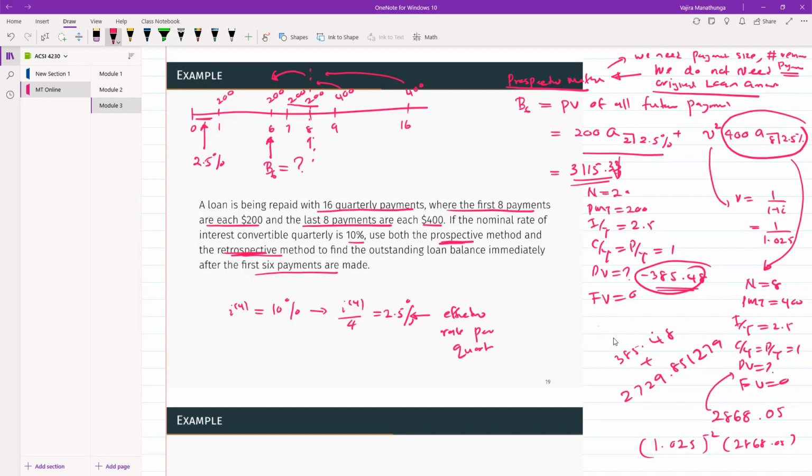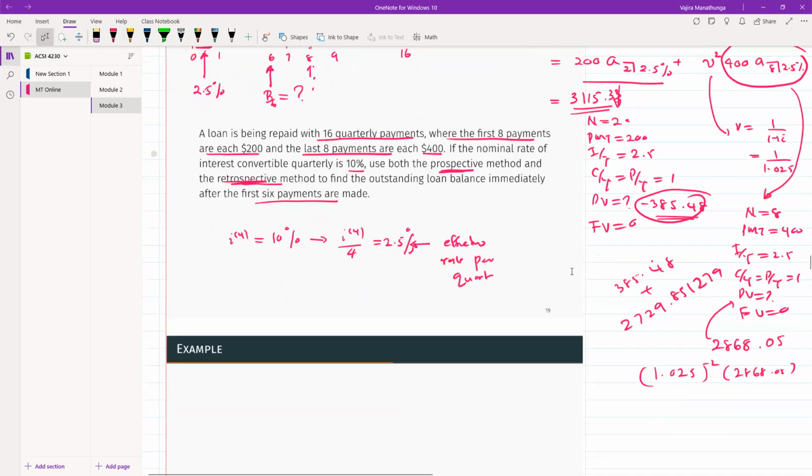And actually we need the interest rate too. But we don't need the original loan amount, how much we borrowed at the very beginning, to calculate the outstanding loan balance under the prospective method. But when we go to the retrospective, this is going to be different. So let's calculate the retrospective method approach.